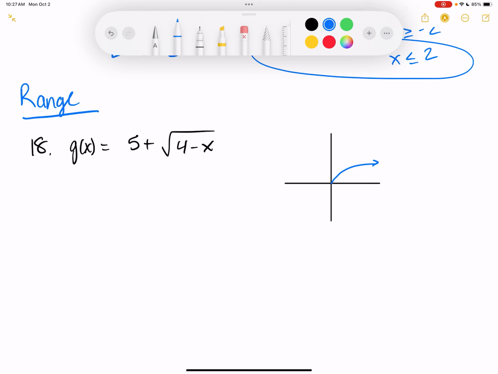X is up here. And then zoom 6 for zoom standard once you have it all typed in.